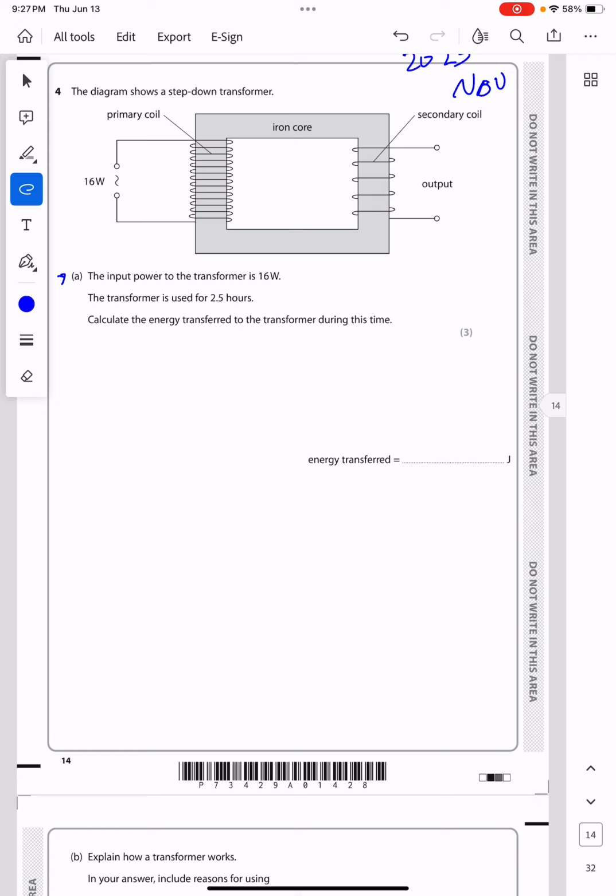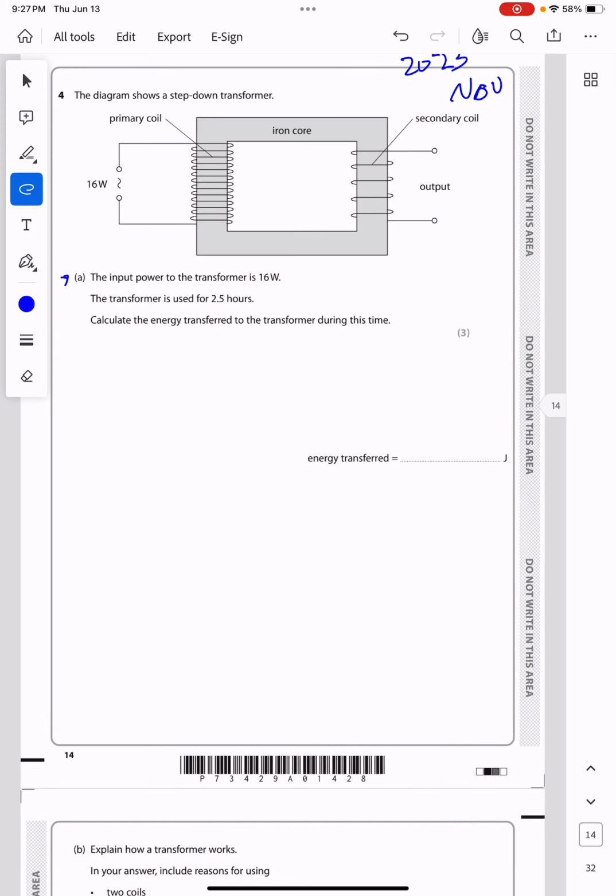The diagram shows a step-down transformer, and the input power to this transformer is... As I mentioned before, even if you think you don't know, just try to put the already given information and whatever they're asking you to find, and try to connect them using one of the formulas that you can find in the formula paper.